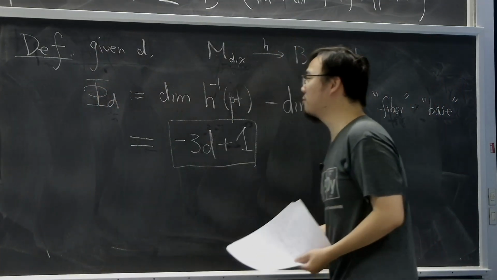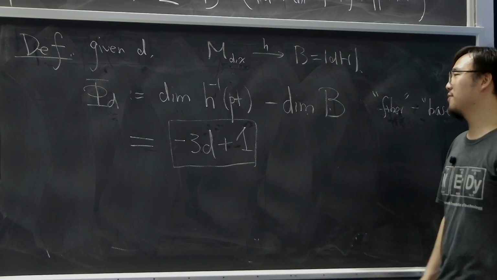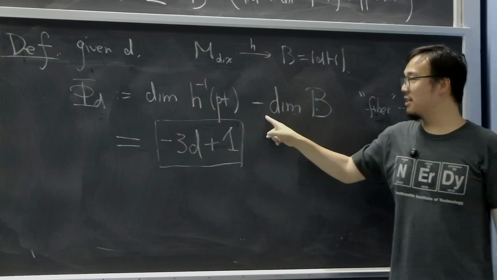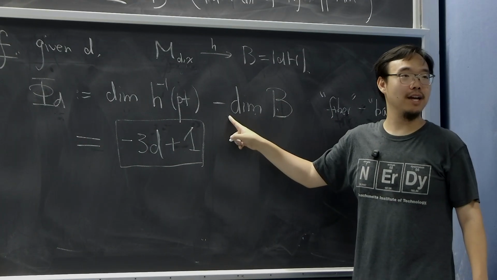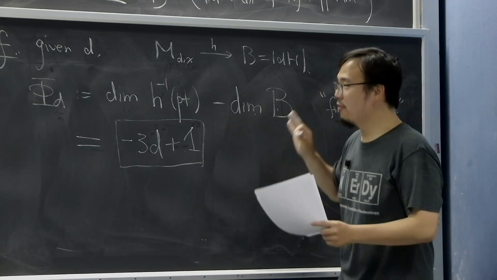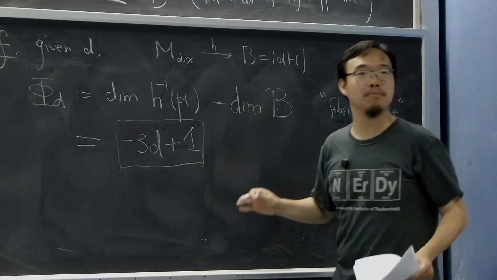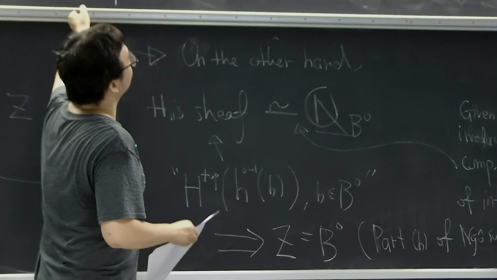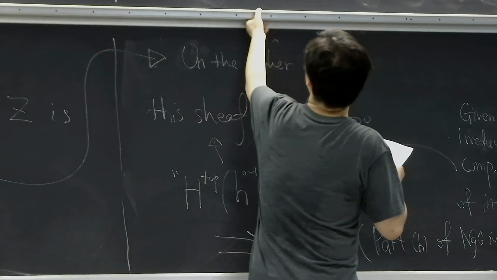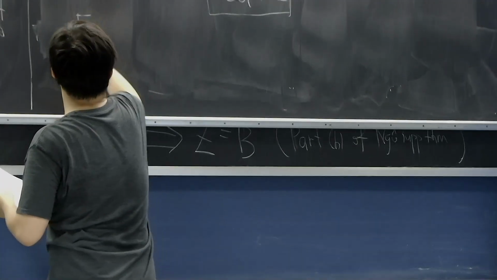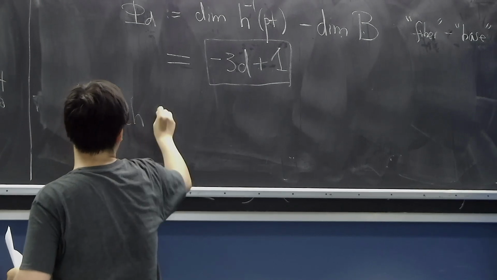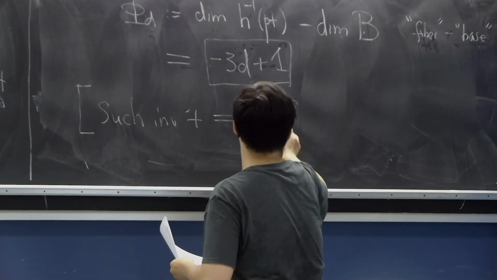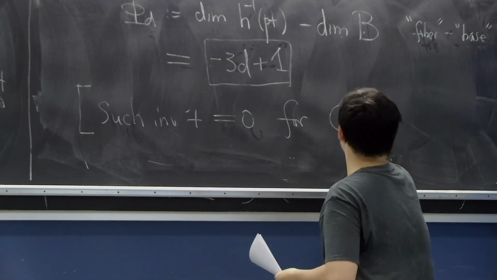Because if you replace P2 by a K3 surface, then the kind of fibration would be Lagrangian fibrations, so this function will be 0 for any curve class. For the rest of the argument, you see that if it's 0, then everything breaks down. Let me make a comment here, which is that such an invariant is 0 for Calabi-Yau-2 situations.